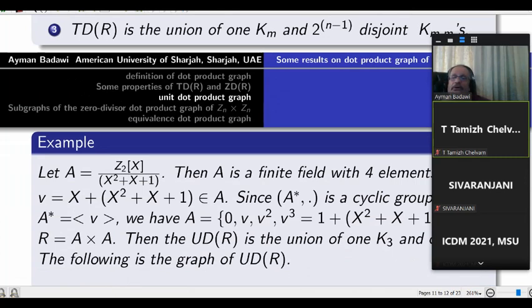Okay, so here is an example. Here we constructed a finite field with 4 elements: polynomials over Z2 modulo this ideal, which is definitely a finite field with 4 elements. And here are the elements. I call V the generator, so you have V, V square, V cube. Remember V is this element in this ring.